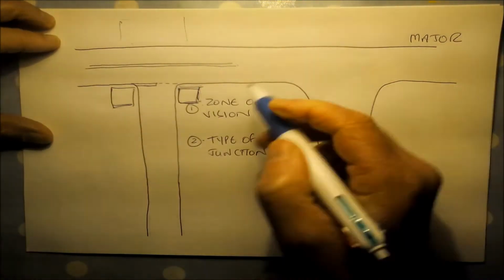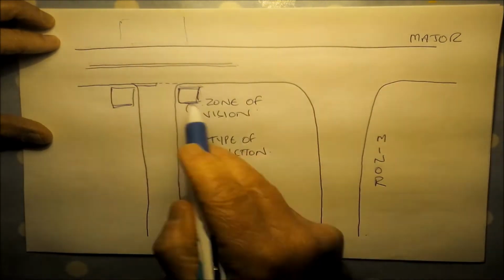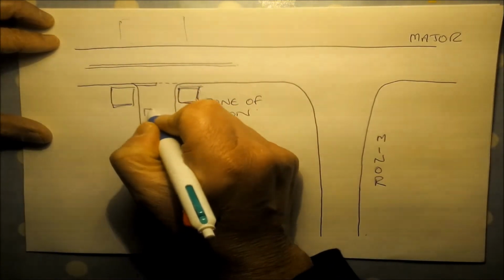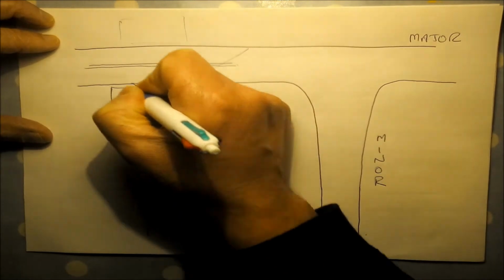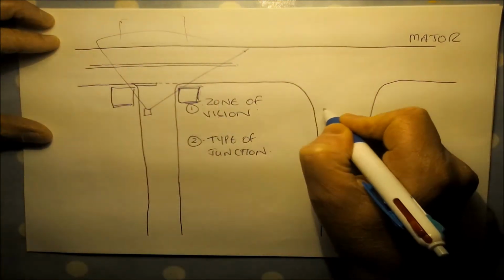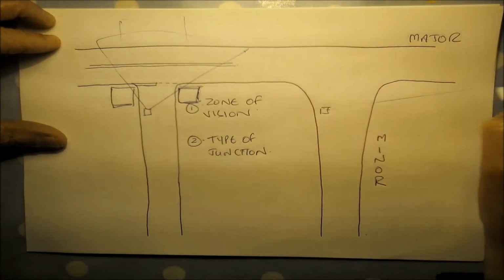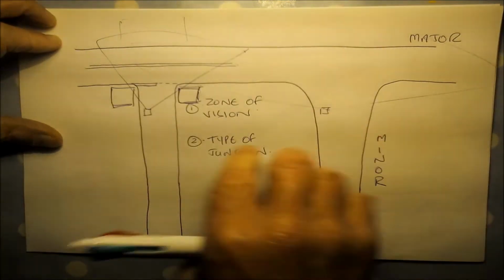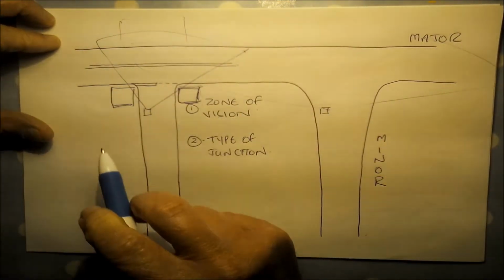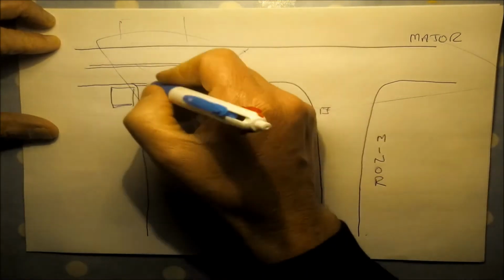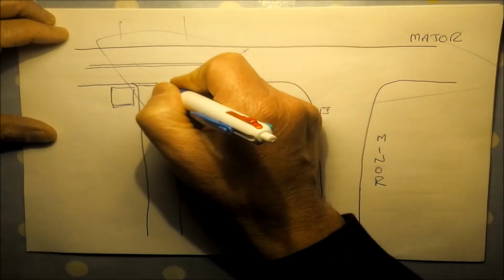So a stop junction is where the zone of vision is particularly poor. If you imagine that's the zone of vision compared to coming out of this junction from the same distance away, it's a lot worse here than it is there. So we get what is known as a stop junction.